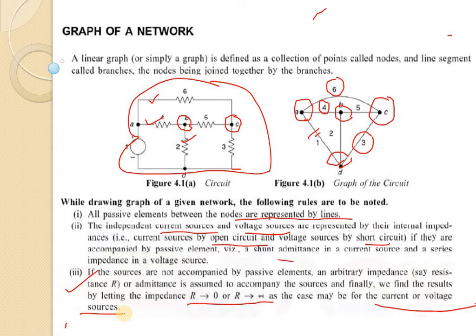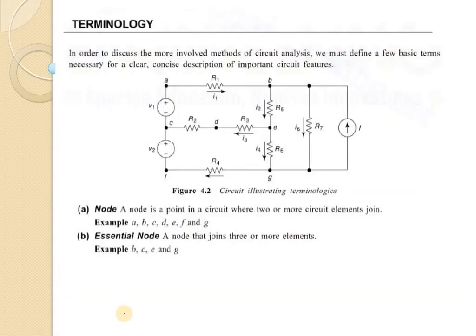near about 0. Next, in order to discuss more involved methods of circuit analysis, we must define a few basic terms necessary for a clear, concise description of important circuit features. Let this be a circuit. In this circuit, we can see there are two voltage sources, V1 and V2.